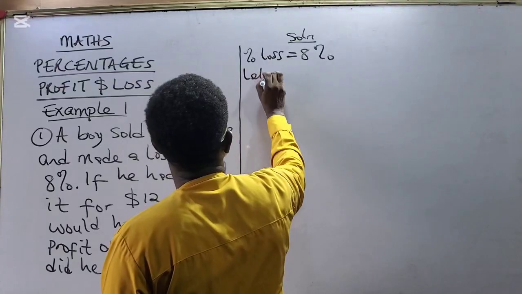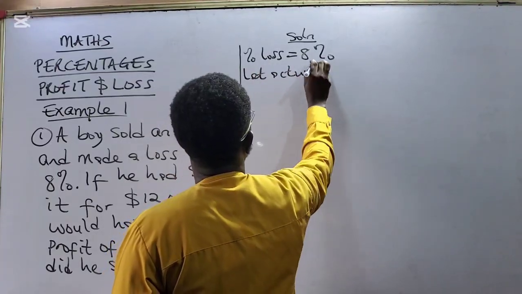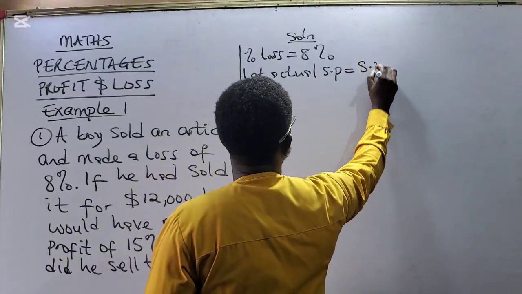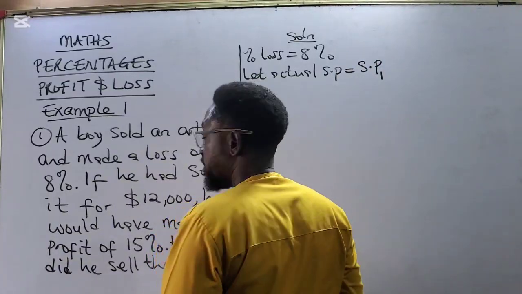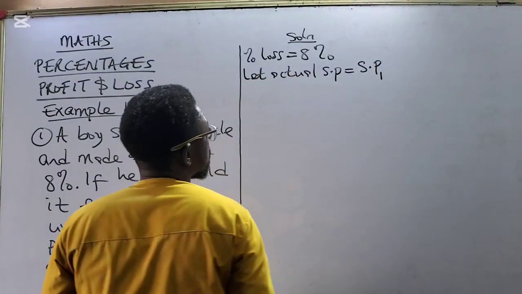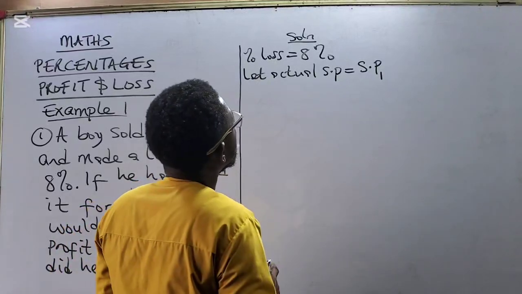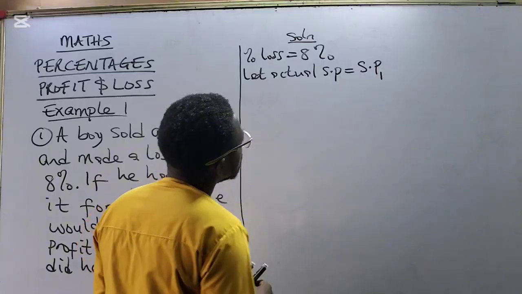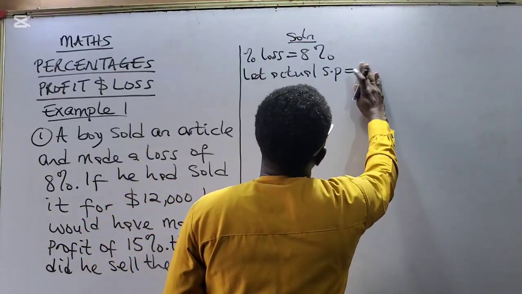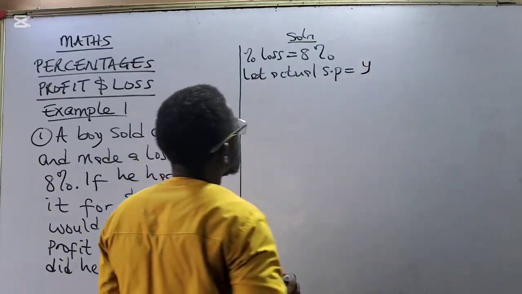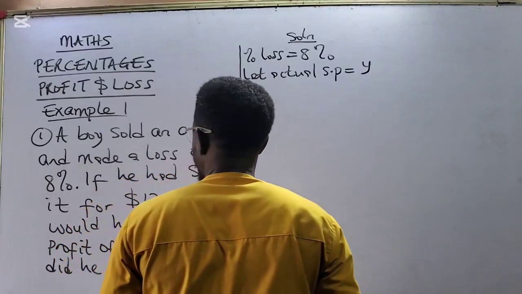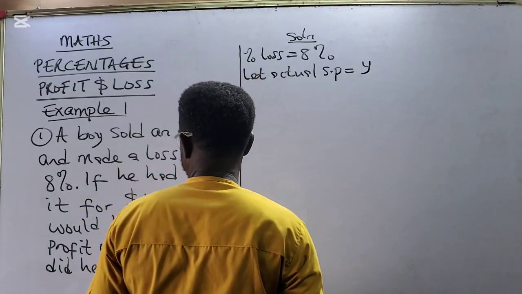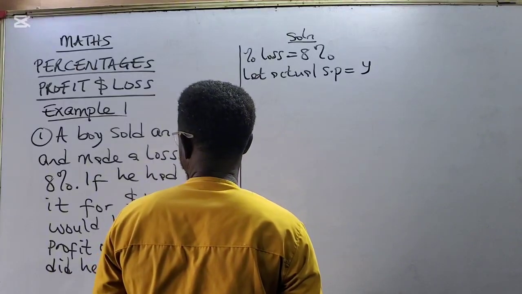So let's call the actual selling price SP1, or you can just use a simple variable. Let's say Y. Let the actual selling price be Y. Now you were told that if he had sold it for 12,000, he would have made a profit of 15%.